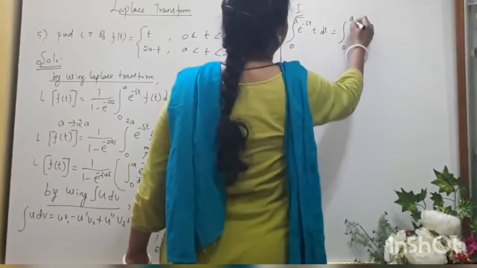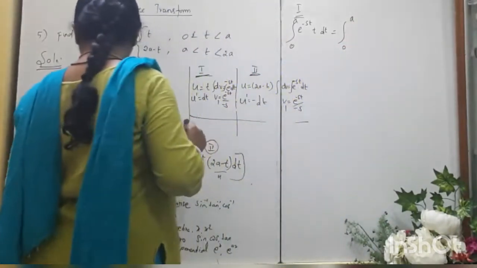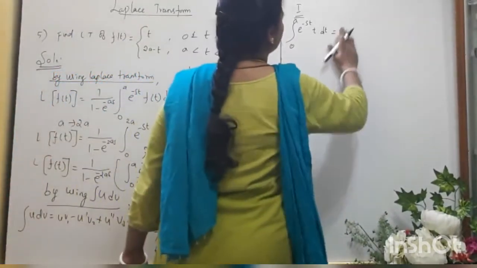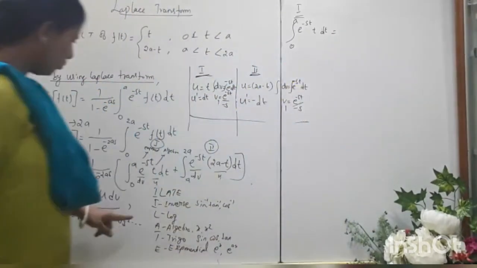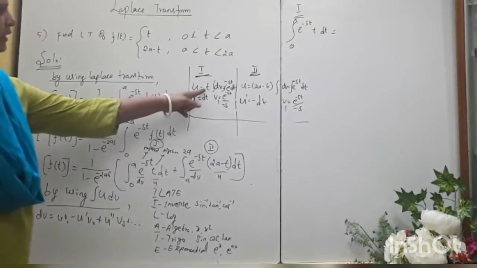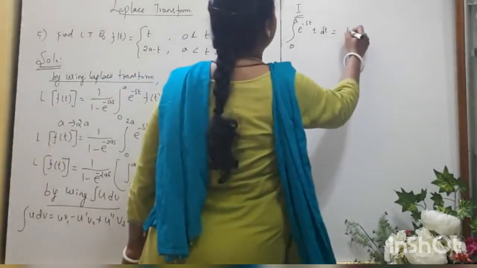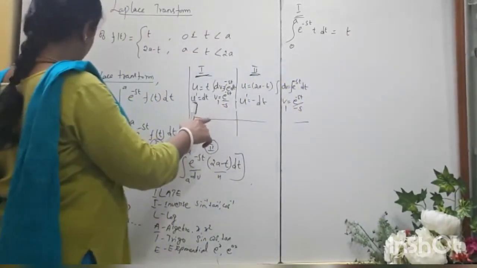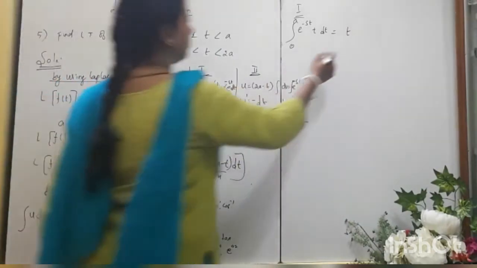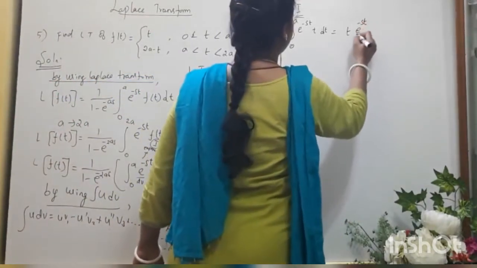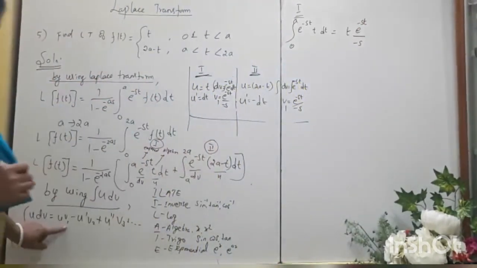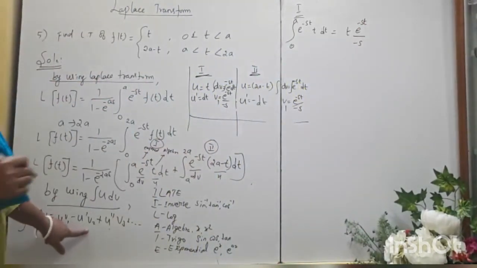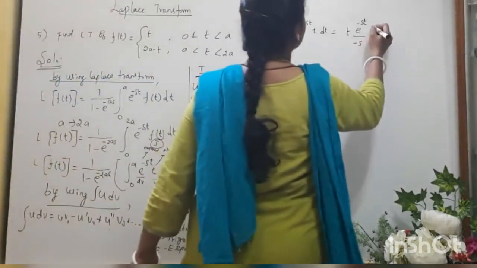Here 0 to a, u v1. What is u here? T is u. T into v1. What is v1? E power minus st by minus s. Next, u v1 minus u dash v2. U dash, what is u dash?